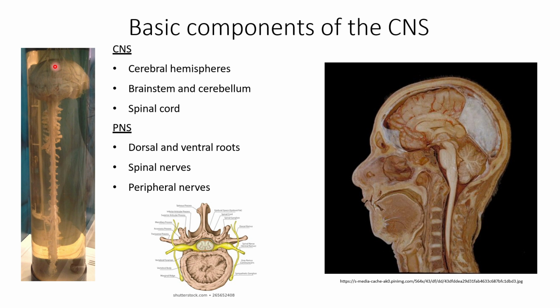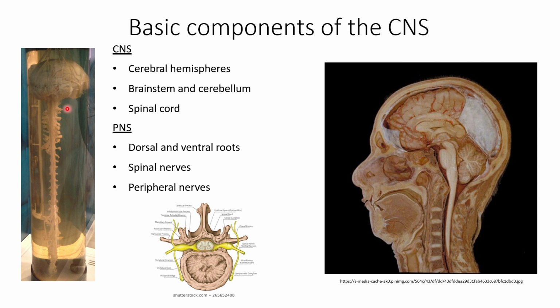And what you've got to realize in preparing this specimen, a huge amount of bone and soft tissue had to be removed to expose these structures, just reminding us how delicate this tissue is. So the brain and the spinal cord is incredibly delicate, and that is why it is enclosed within the skull and the vertebral column.